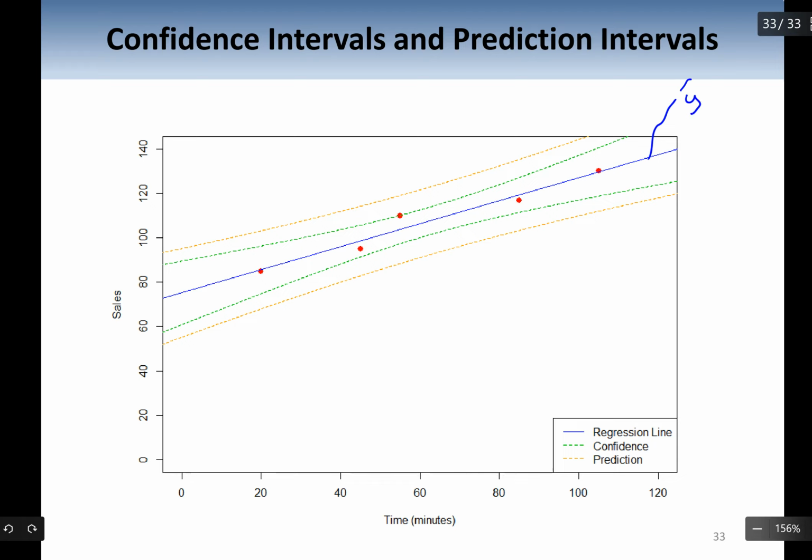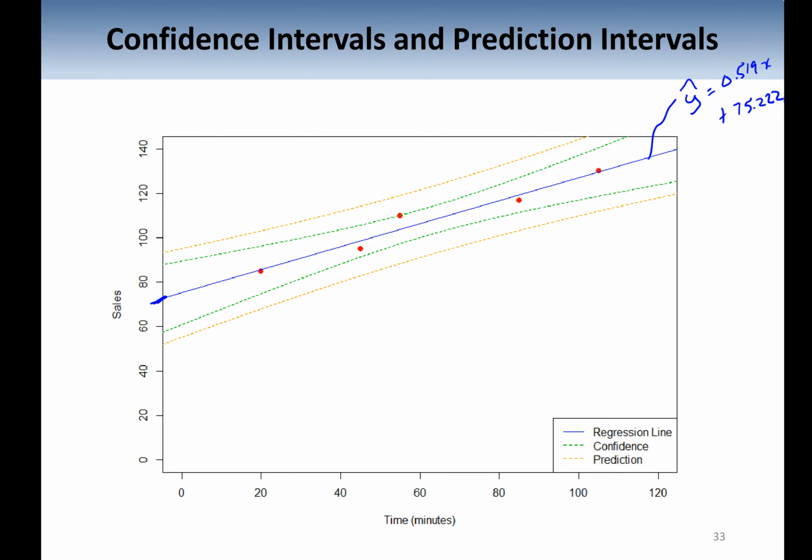It equaled a slope of 0.519 times x, plus an intercept of 75.222, something like that. So 75 would be about right here, and the slope is 0.519. So that is our y hat.